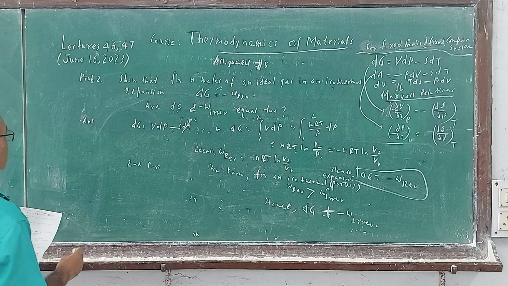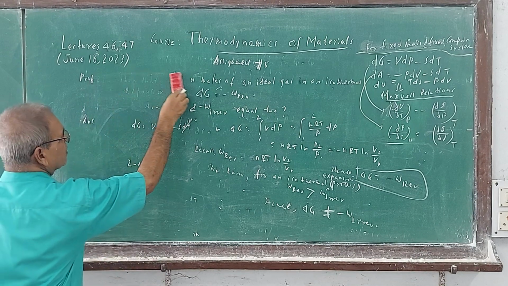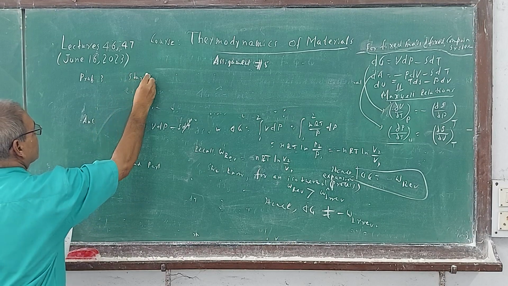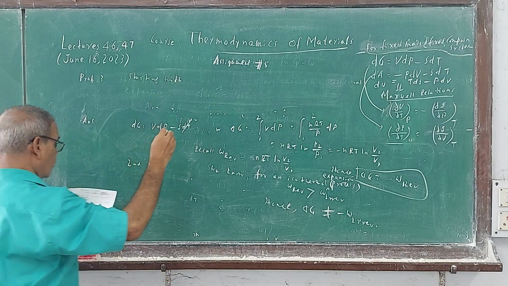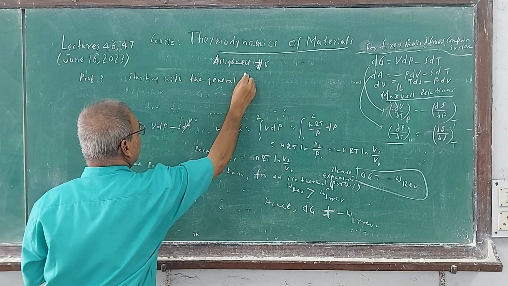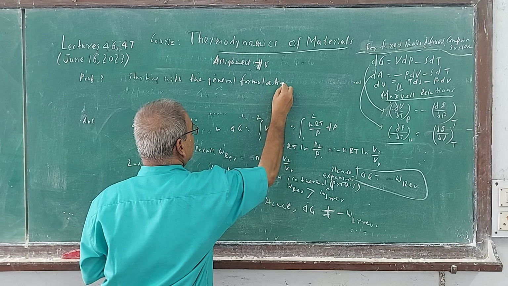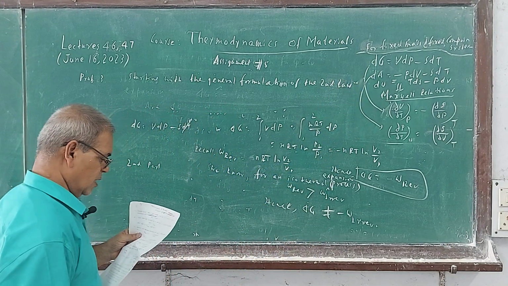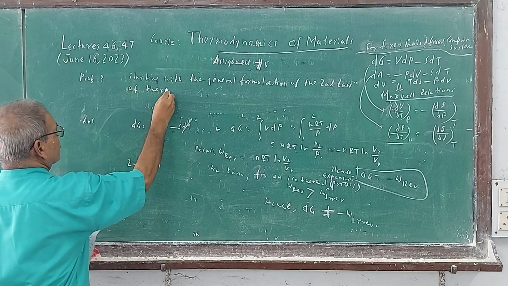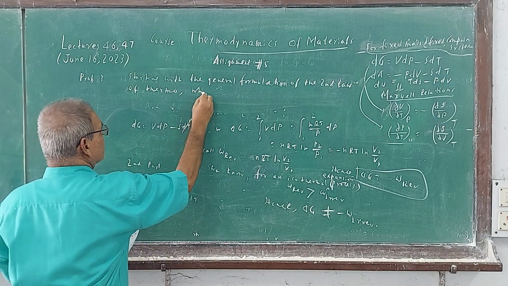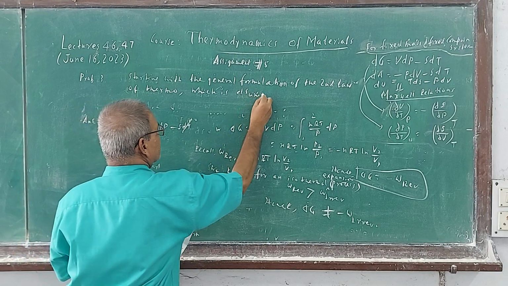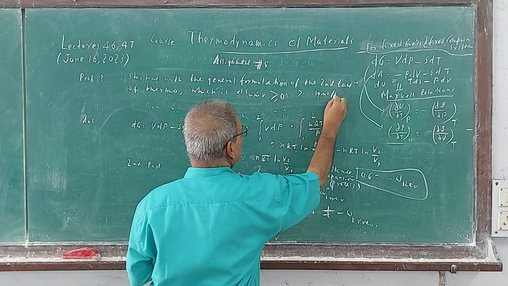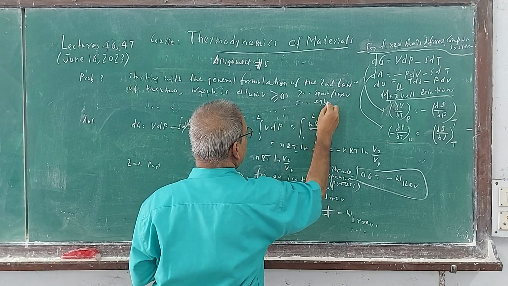Okay. Third problem. Problem 3, starting with the general formulation of the second law of thermodynamics, which is dS inverse greater than or equal to 0, greater than for spontaneity, irreversibility, equal to for equilibrium or reversibility.